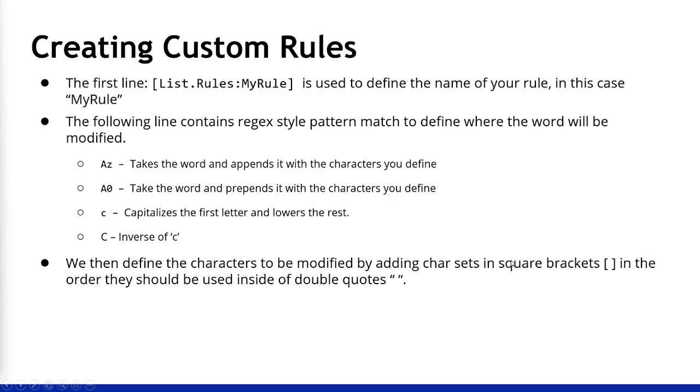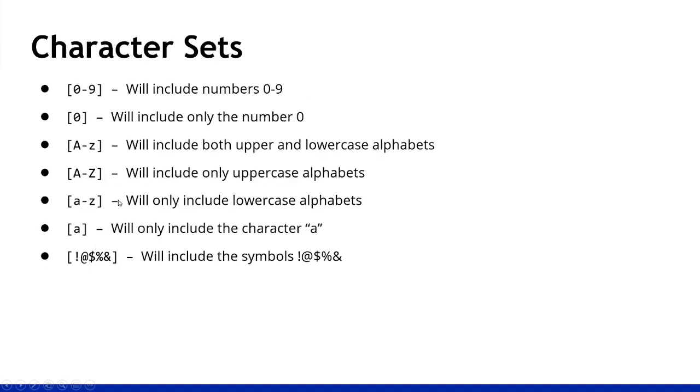We do that by putting the character sets in a square bracket and then putting those square brackets inside double quotation marks. And here are a few different character sets that we'll be using today. First one's 0 to 9. That means that it'll include all the numbers from 0 to 9. Just 0, or any other single number, means it includes only that number.